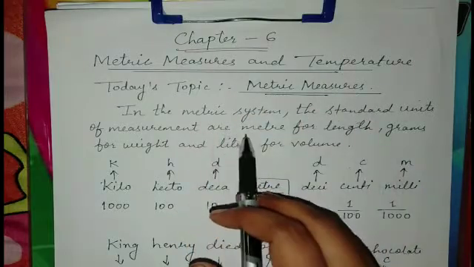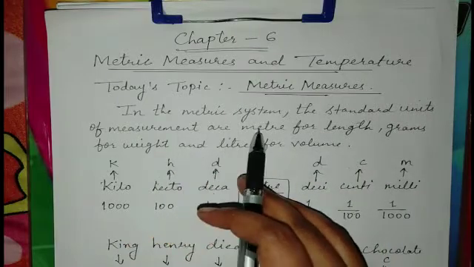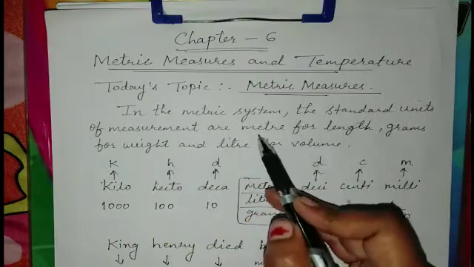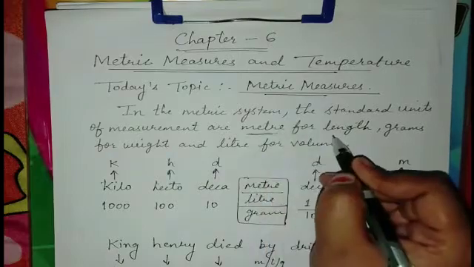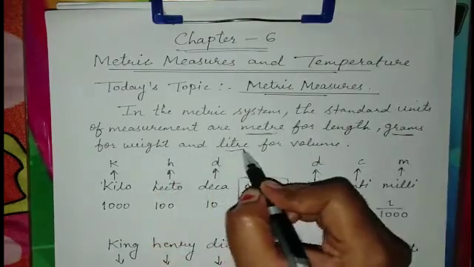In the metric system, the standard units of measurement are meter for length, gram for weight and liter for volume.